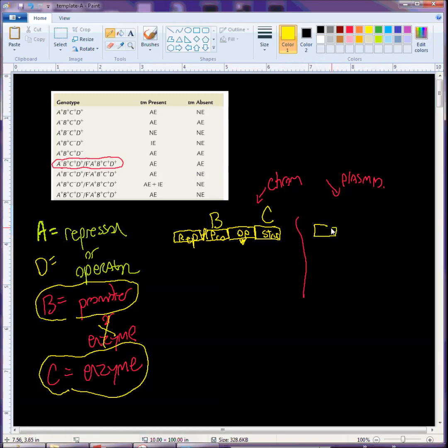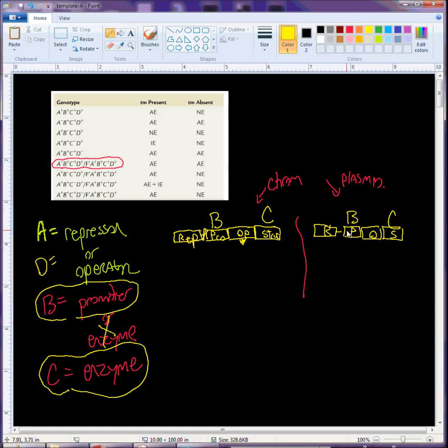So I'll diagram this over here. So P, O, S, and R over here. This is B, this is C. And on the plasmid, they have wild-type copies of A, B, C, and D.